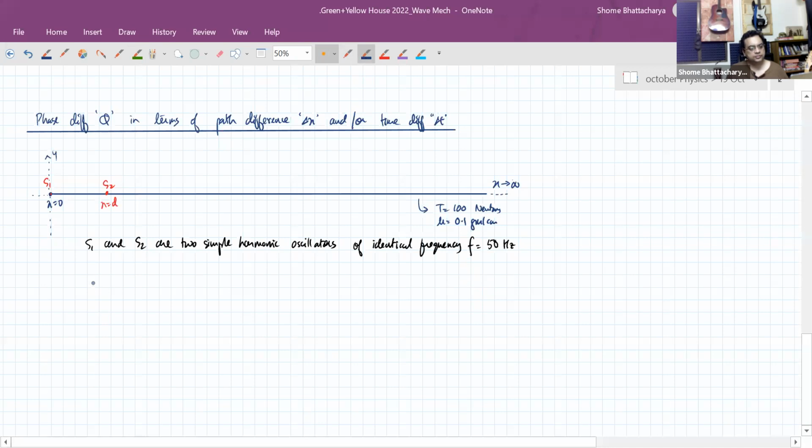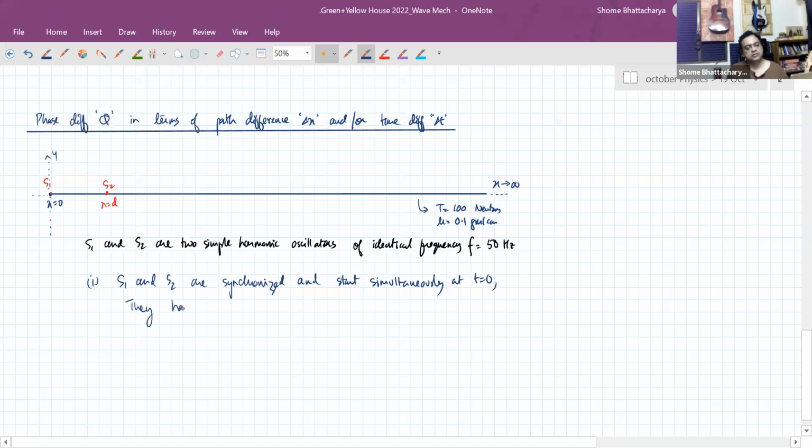Now in the first case, S1 and S2 are synchronized and start simultaneously at t equal to 0.